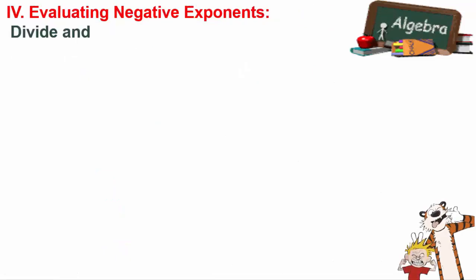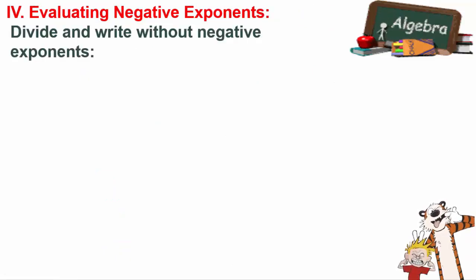Evaluating negative exponents. We want to evaluate and write without negative exponents. So let's look at a few of these. In number 29, we have 4 to the negative 3.